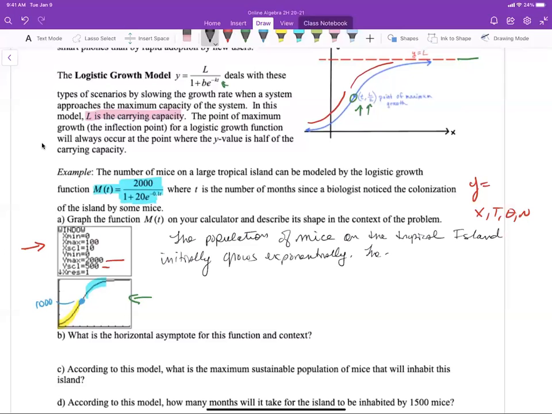The growth will eventually peak. So the amount that it grows will eventually peak, and start to slow down.